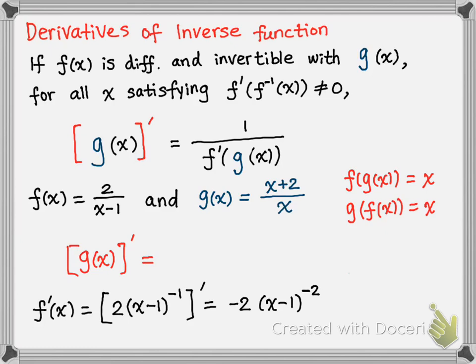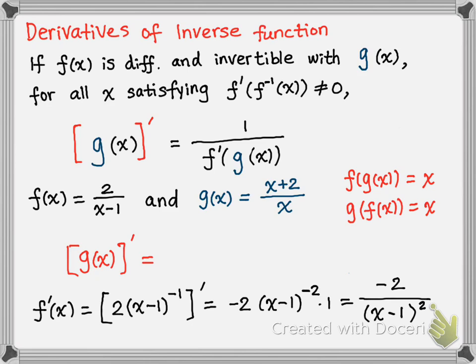Then you multiply by the derivative of x minus 1, which is just 1. So this is the derivative of f of x. You can rewrite it as negative 2 over x minus 1 squared, because the denominator takes care of the negative power.